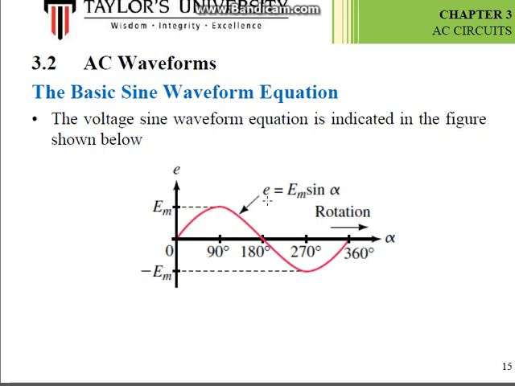It is indicated by Em sine alpha, where Em is the amplitude. Do you notice that? Usually at any given expression, the value at the front actually indicates the amplitude of the signal. Sine alpha just indicates that you have a signal there, a sine wave.